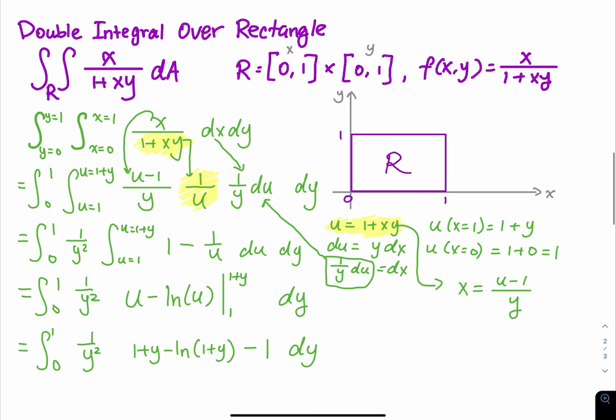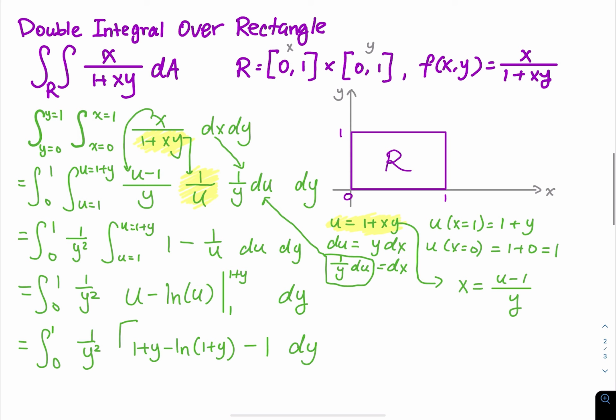All right, okay. We have a multiplication, right? And then we also have a 1 minus 1 that is gone, and then we have from 0 to 1, and then the 1 minus 1 is gone, y over y squared, that will be a 1 over y, and then minus ln 1 plus y.